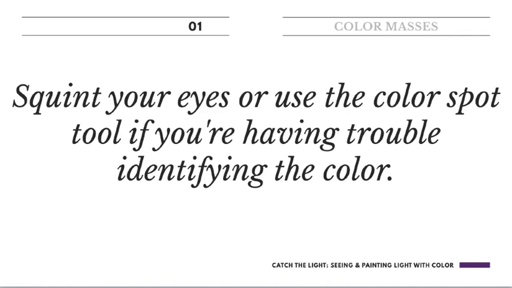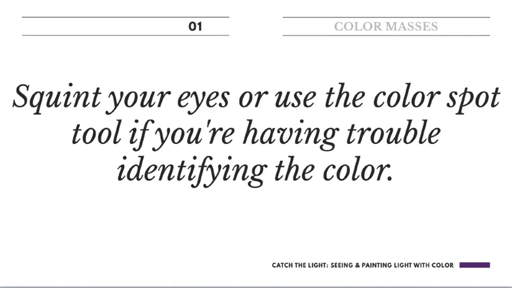Hold it up to look at the color mass to identify what the color is, the main color, the hue, value, and temperature that you're looking at. Notice I didn't say intensity, and the reason I didn't say that is I want us to use as many full intensity colors as possible for these color block-ins that we're working on.